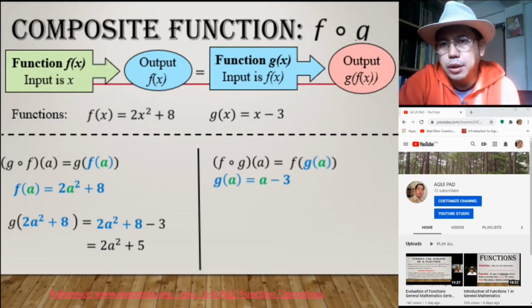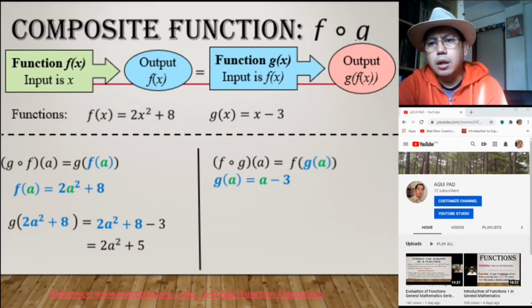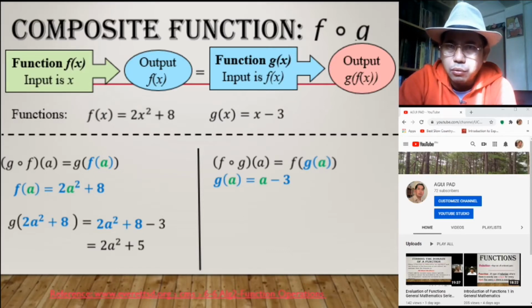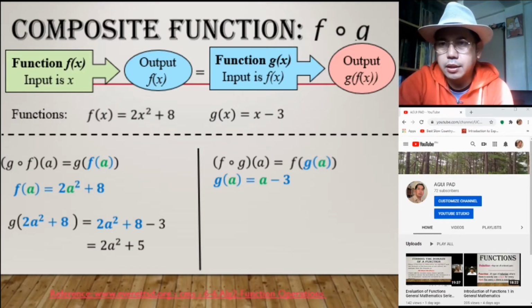So we have in here now g of a is equal to a minus 3. We just replace the value of x. What is the value of x? a. So g of a is equal to a minus 3. That would already be the final result, because the value of x is a variable a.